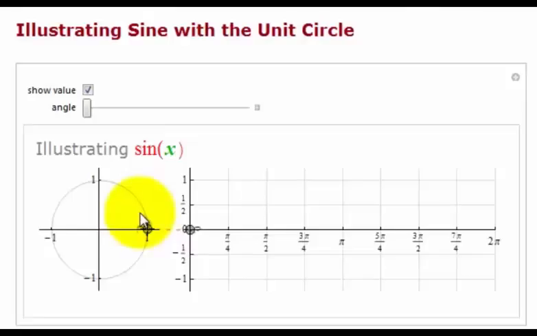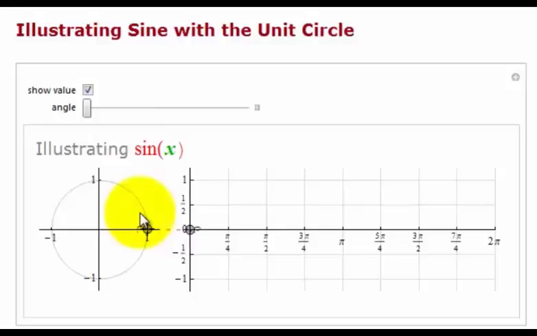I found this short video illustrating how the sine curve in the usual rectangular coordinates is generated by what we just learned about the unit circle. This is in Mathematica, by the way. Take note that the angle for which the terminal side intersects the unit circle in the point cosine theta, sine theta, the angle is on the horizontal axis.